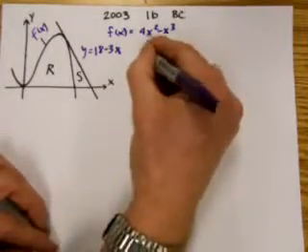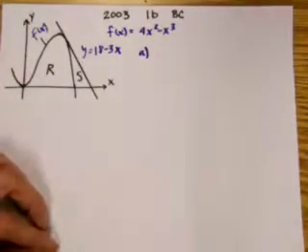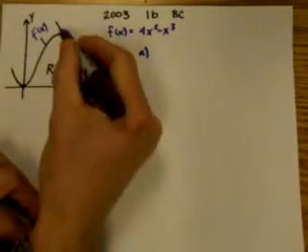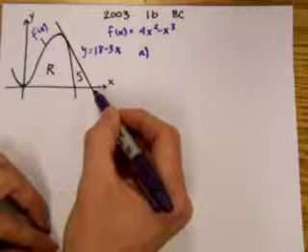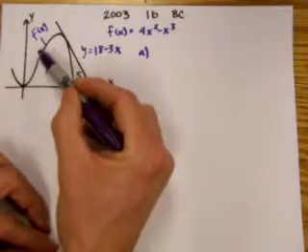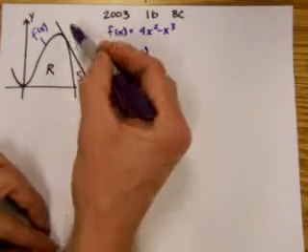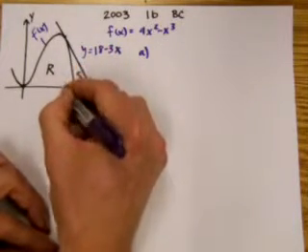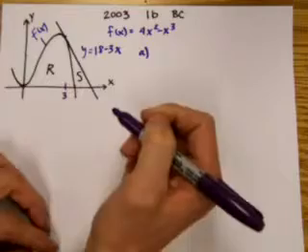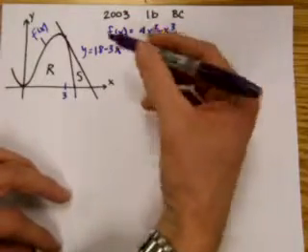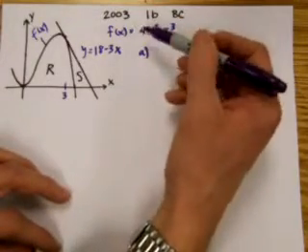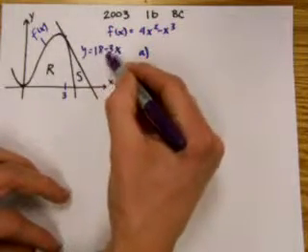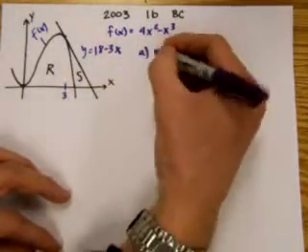And the first part, A, says to show that the line here is actually tangent to the graph of f of x at this point right here, and they say at x equals 3. So first of all, if that's true, then the slope of the curve should be -3 at 3.